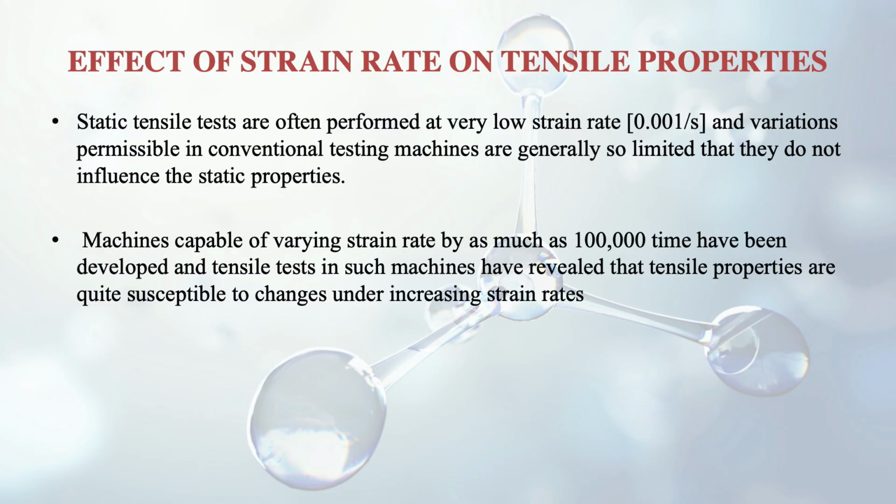So this is also there, but for the tension test and compression test, we have to use machines which have very low strain rate. Tensile tests in such machines have revealed, in the higher ones, that tensile properties are quite susceptible to changes under increasing strain rates. So as soon as this strain rate is varied, our tensile properties will get affected. So it's very important to keep the strain rate under certain limits.